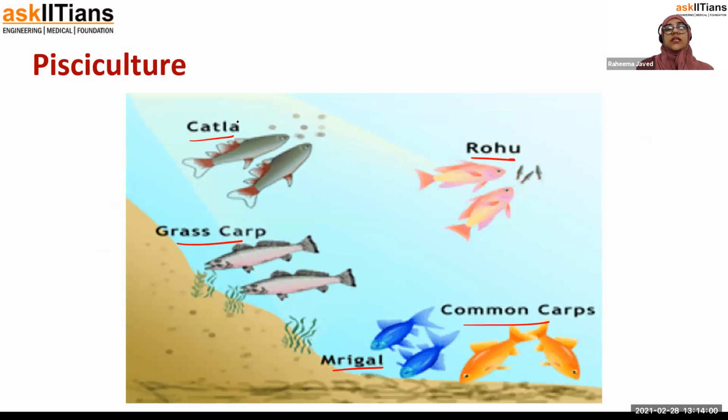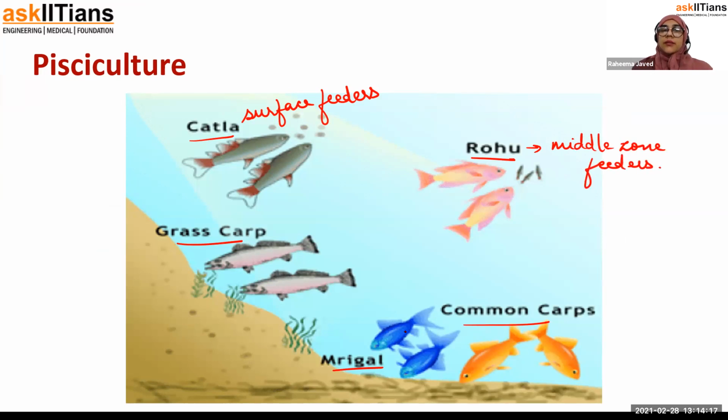Catla are surface feeders, rohu are middle zone feeders, mrigal and common carps are bottom feeders, and grass carp feed on weeds.